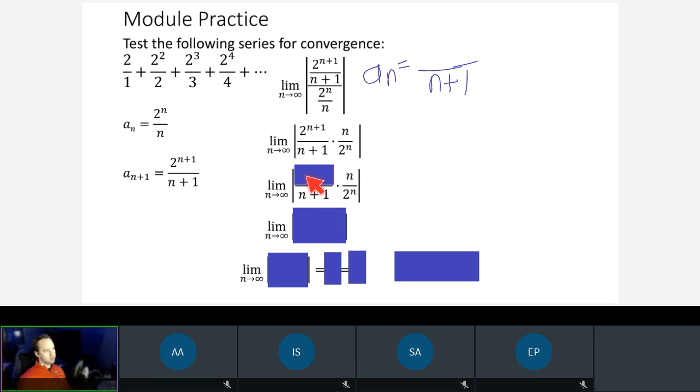How can I expand this so I can make it look like this? Two to the n times 2 to the first. Very good.